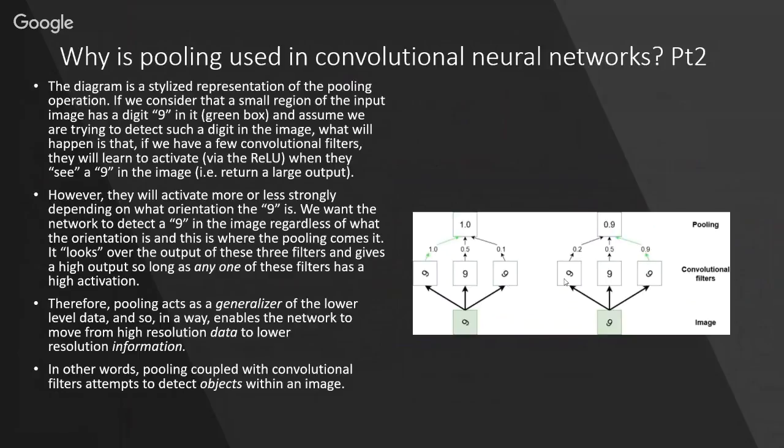We want the network to detect a 9 in the image regardless of orientation, and this is where pooling comes in. It looks over the output of these 3 filters and gives a high output so long as any one of the filters has a high activation. Therefore, pooling acts as a generalizer of the lower level data, and is a way of enabling the network to move from high resolution data to low resolution information. In other words, pooling coupled with convolutional filters attempts to detect objects within an image.